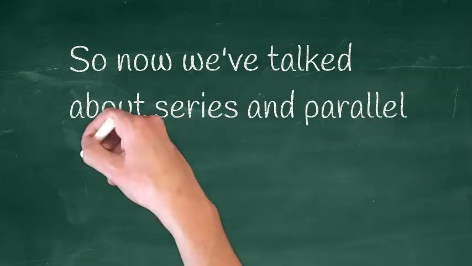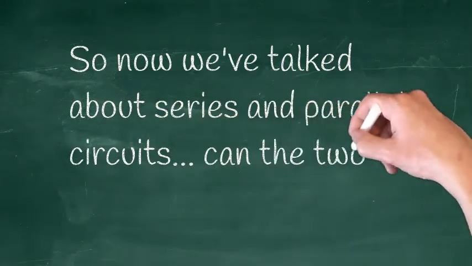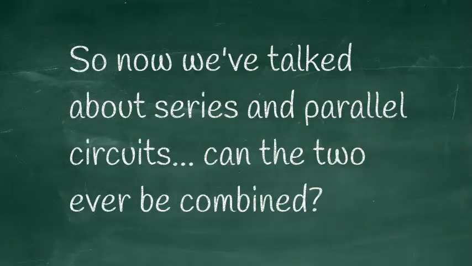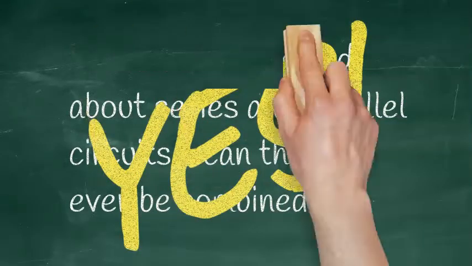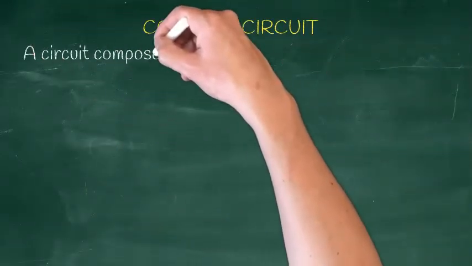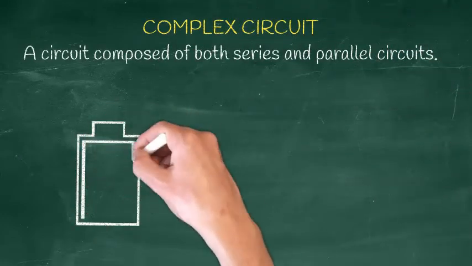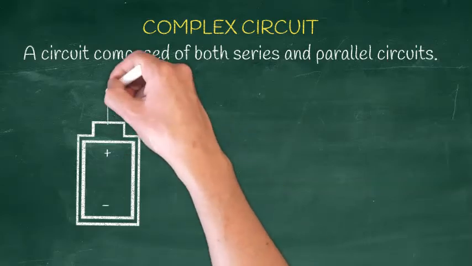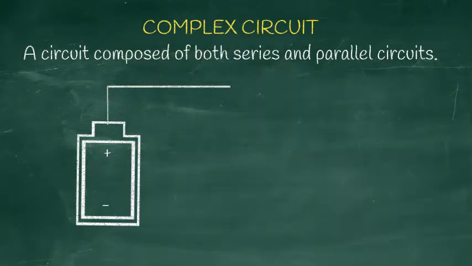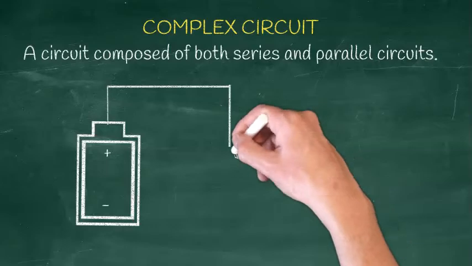So now we've talked about series and parallel circuits. Can the two ever be combined? Yes. A complex circuit is a circuit composed of both series and parallel circuits. We're going to draw a simple circuit here again.